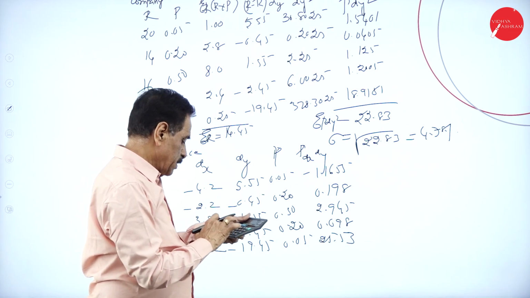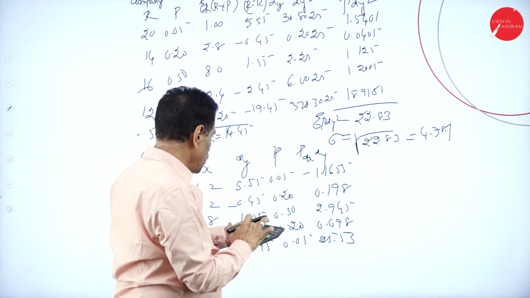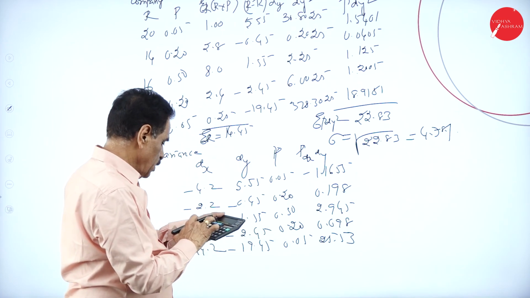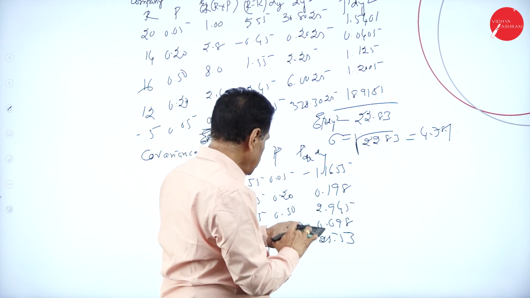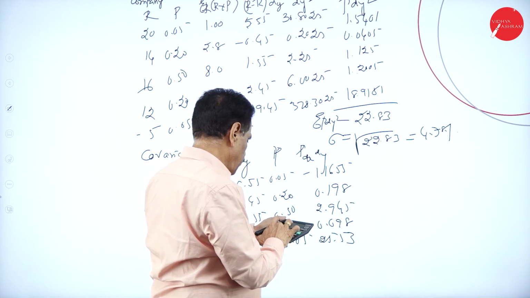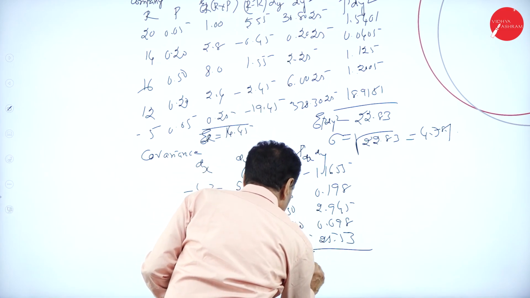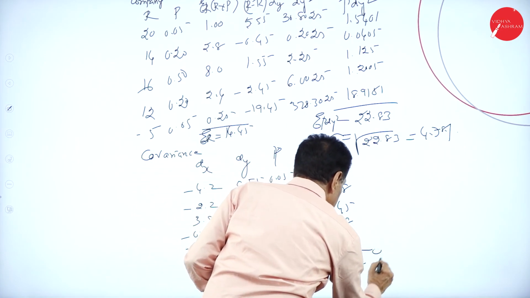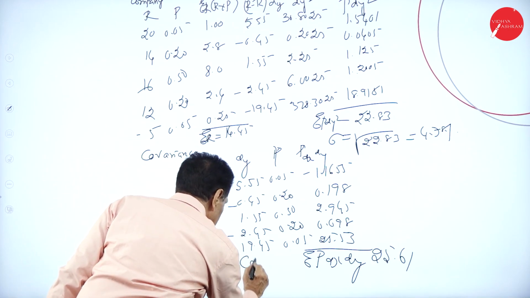Adding 25.53 plus 0.098 plus 2.945 plus 0.198 minus 1.1655 gives 25.61. So sigma P dx dy is 25.61. This is covariance.